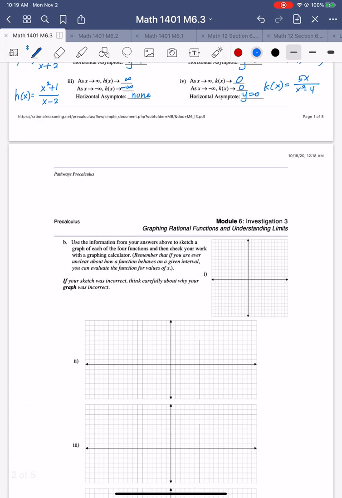Now in part B, I'm going to graph the functions. For number 1, I have to use the f function, so I'm going to rewrite it, which is x minus 3 over x plus 2. For the second function, I'm graphing the g function, which is 3x squared over x minus 1 times x minus 3.